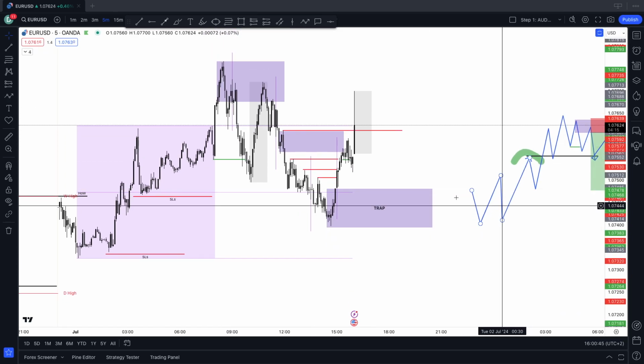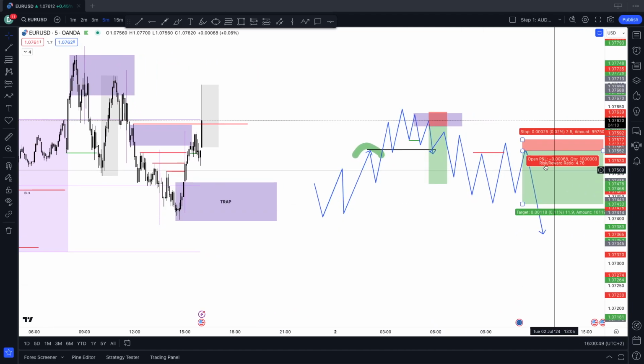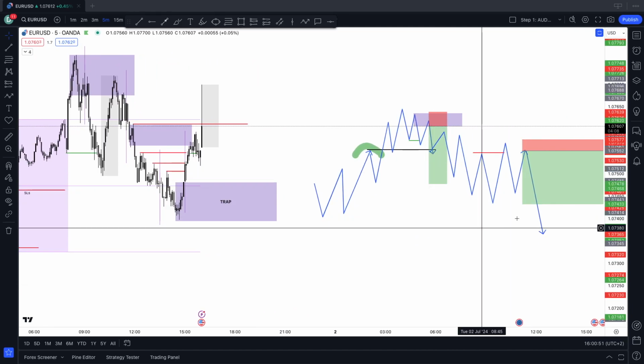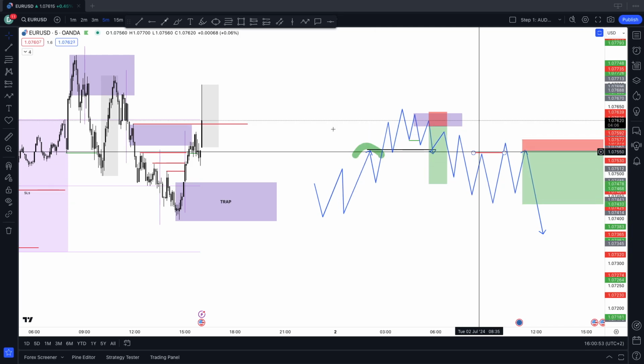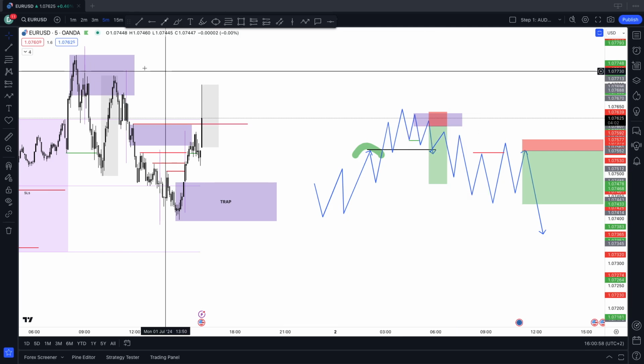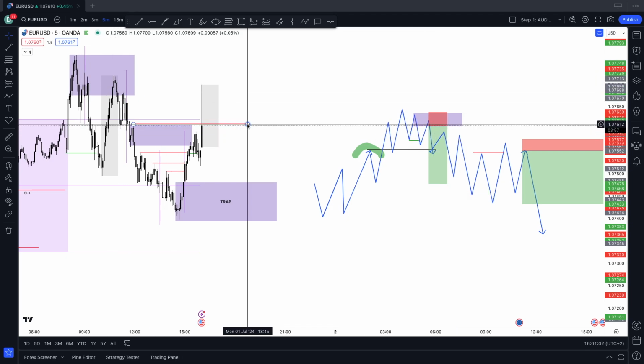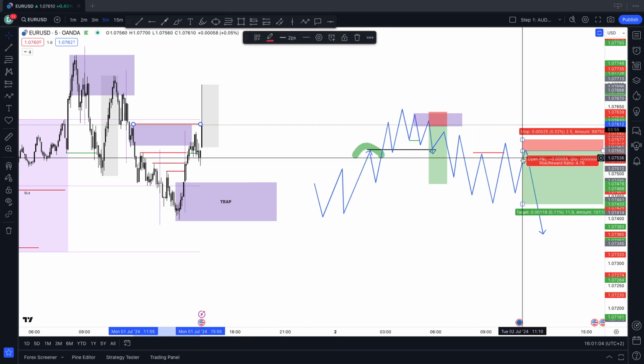Okay, guys, so if you recall this little schematic that I illustrated over here, we've now had our trap. So this was the initial, and this entry right here is this right here. We're now sitting here.